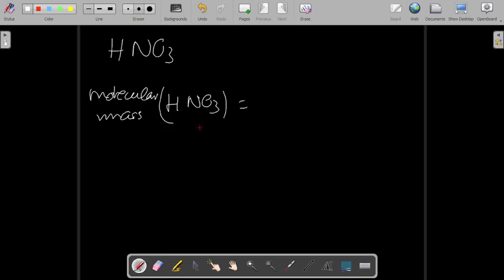Start adding them up. I have 1 atom of hydrogen, and if you look at your periodic table, that's 1.01 AMUs. The nitrogen is in position 7. I have 1 as well, and each one is 14.0 AMUs.